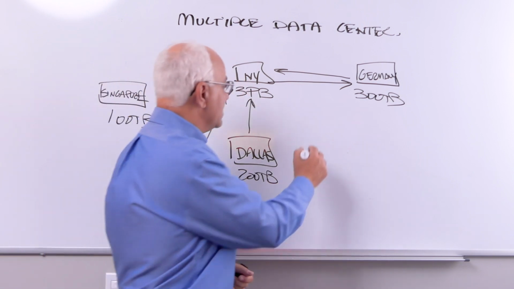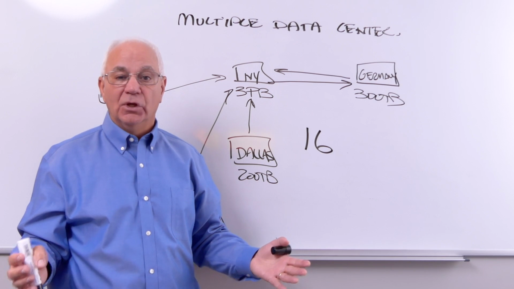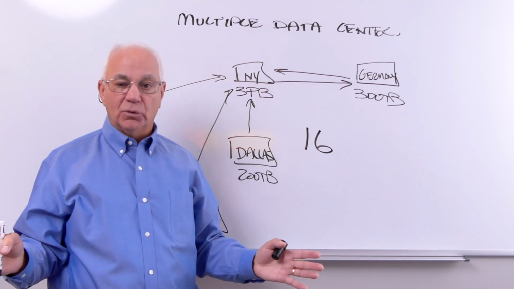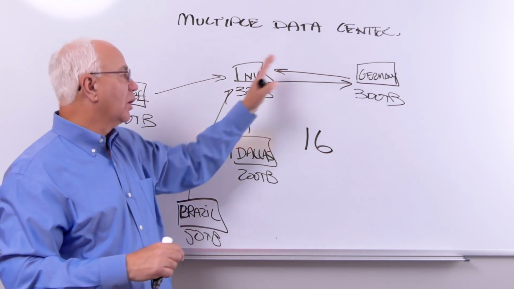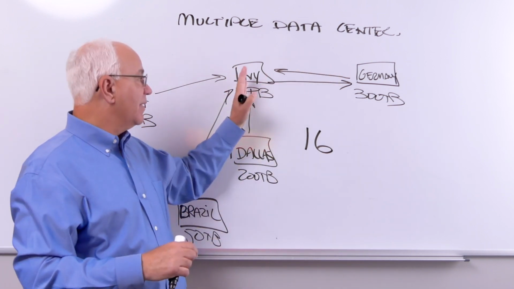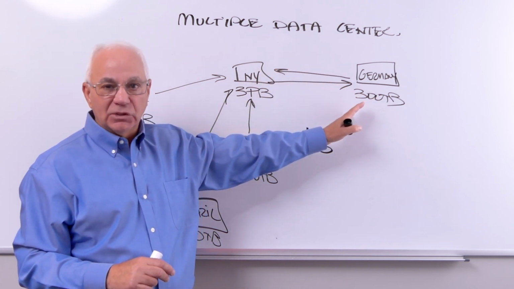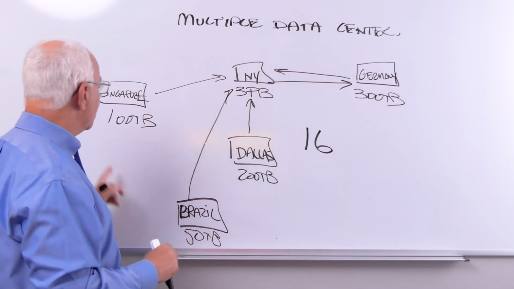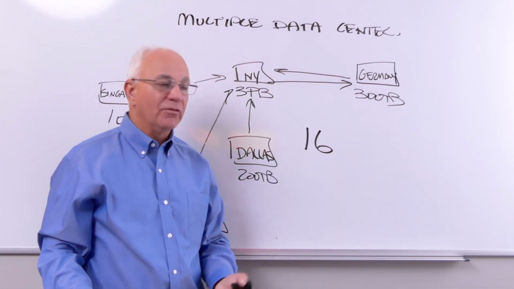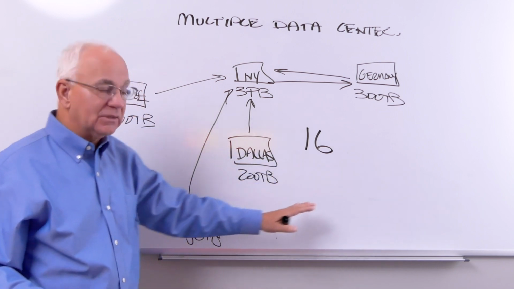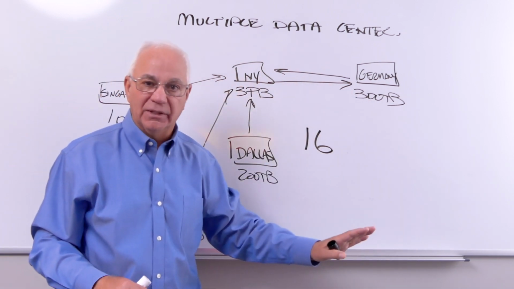ExaGrid, for example, has 16 data centers in a hub and spoke configuration so that you can take your data centers around the world and they each can become DR sites for the other, or you could have one core DR site and then take that core DR site's primary data and move that back to another site somewhere else. This allows you to make sure that you're covered on a worldwide basis with a single disaster recovery plan and a single disaster recovery system with multiple locations and cross-replication.